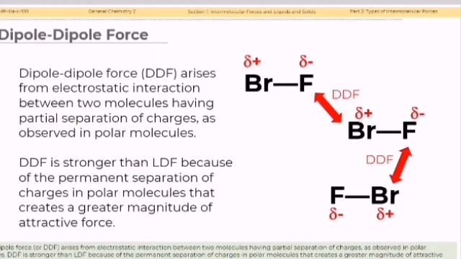Dipole-dipole force or DDF arises from the electrostatic interaction between two molecules having partial separation of charges, as observed in polar molecules. DDF is stronger than LDF because of the permanent separation of charges in polar molecules that creates a greater magnitude of attractive force.